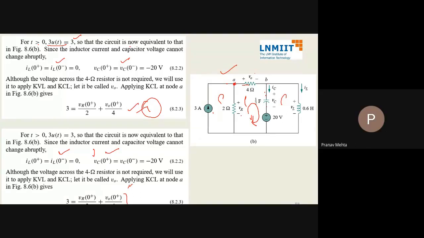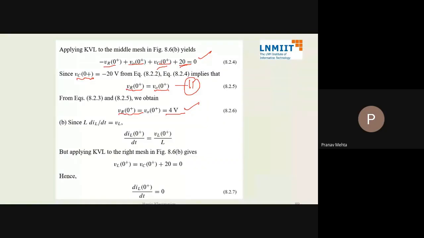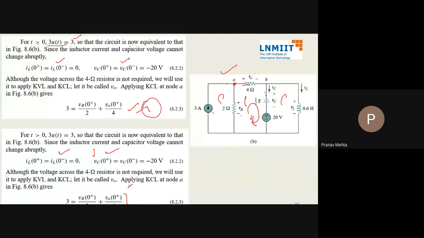Sir, when we calculated VR and V naught, the current through the 4 ohm resistor is going to be 1 ampere. Sir, from where is that current going to pass if IL is 0? No, this is the new current source which is added.